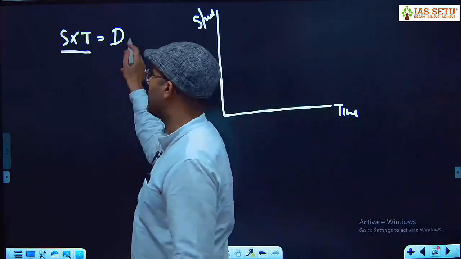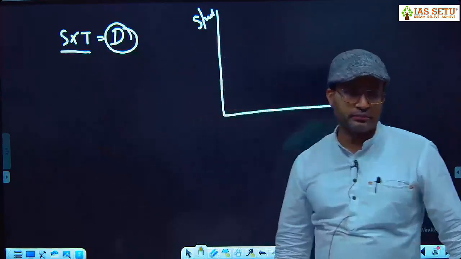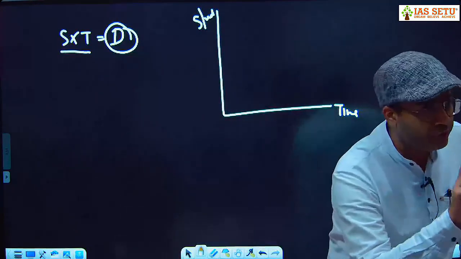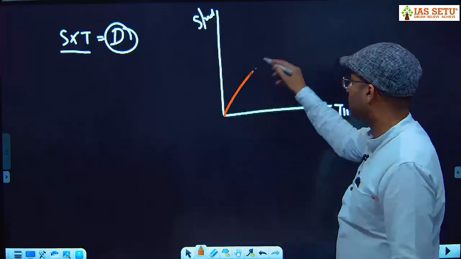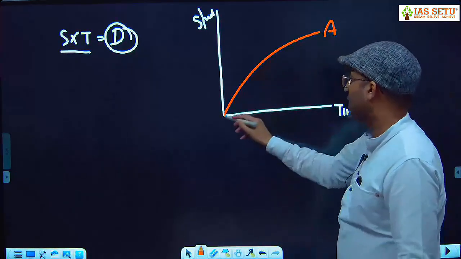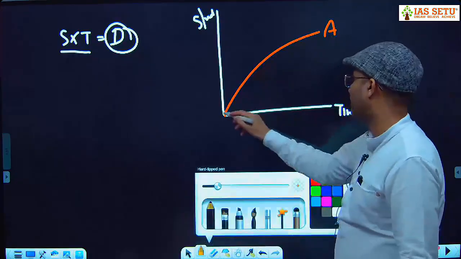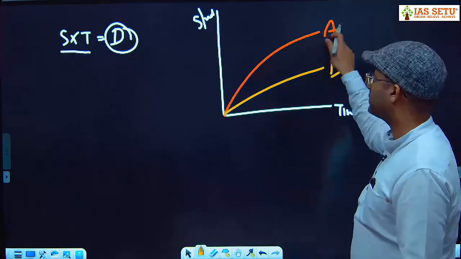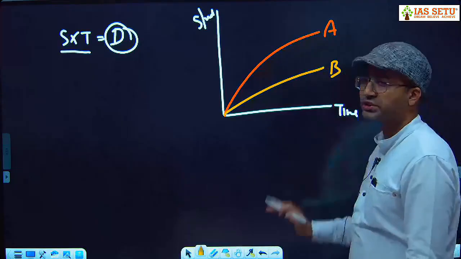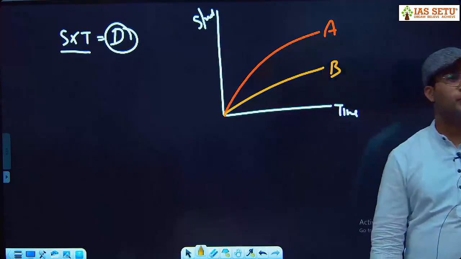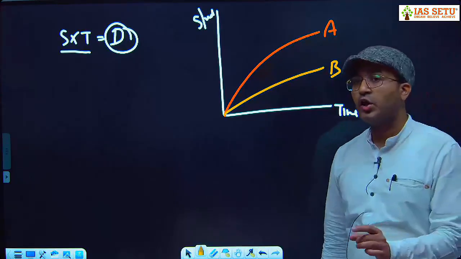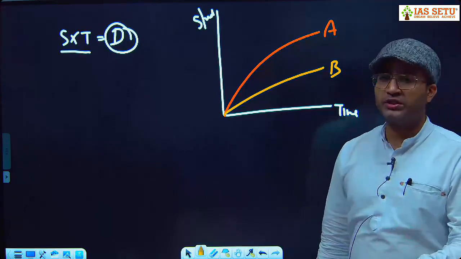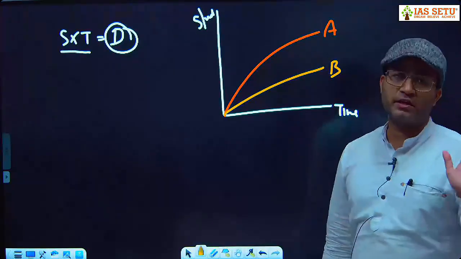Speed into time is equal to distance. It is product of two things. There are two athletes. This is athlete A and this is athlete B. Or this is train A, this is train B. Without doing any calculation, if it is asked which train cover more distance, train A, train B, we can find.